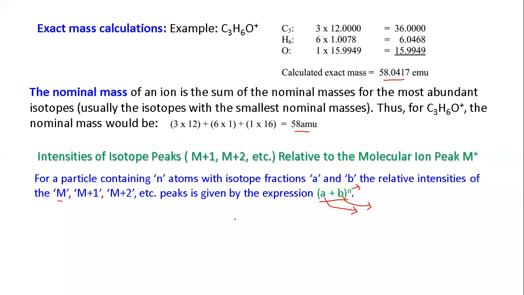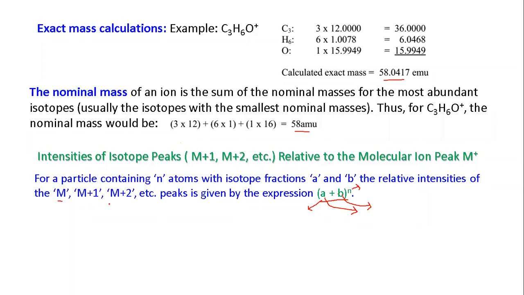So M will contribute this one. M means you are having the normal one. M plus 1 means you have 1 unit more. Suppose you have carbon. If you are just looking at carbon, carbon has 2 isotopes, C12 and C13. So when you have C13, you are having M plus 1, right?